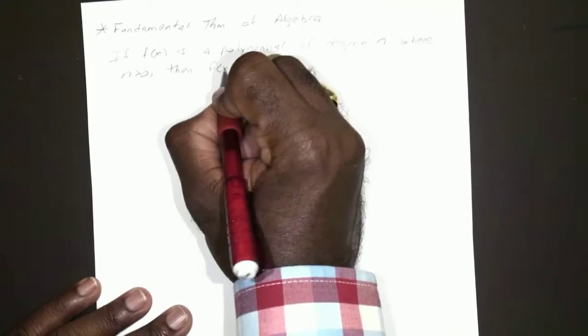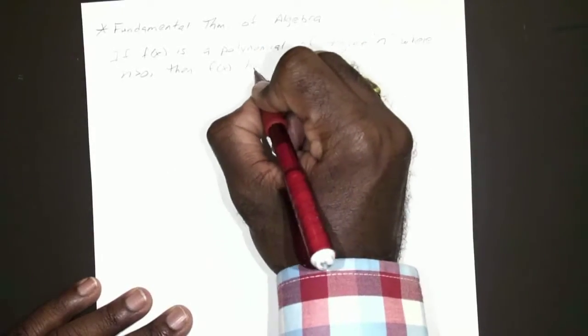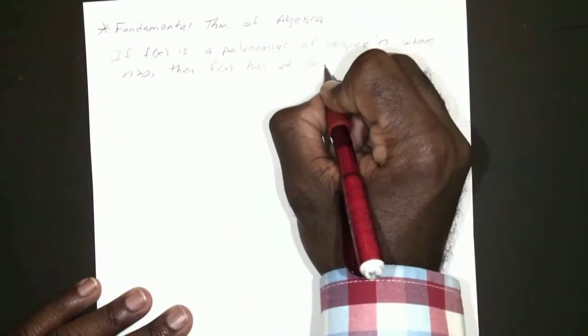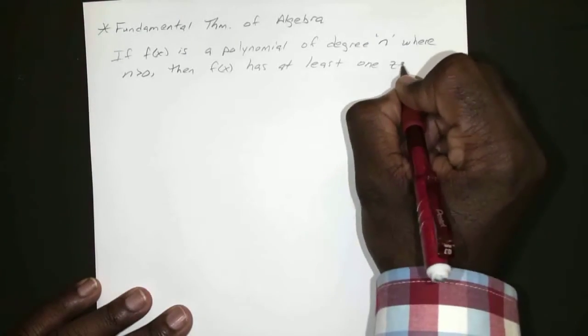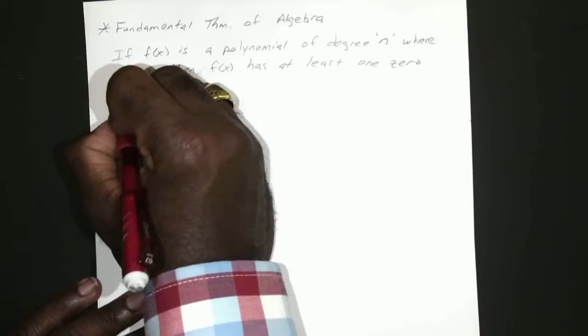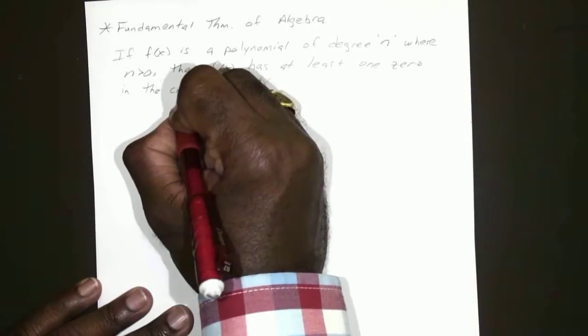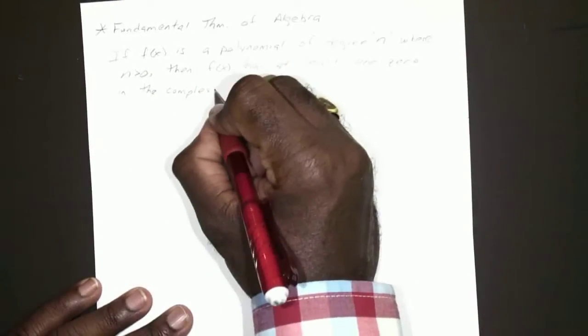Then that function, that polynomial, has at least one zero in the complex number system.